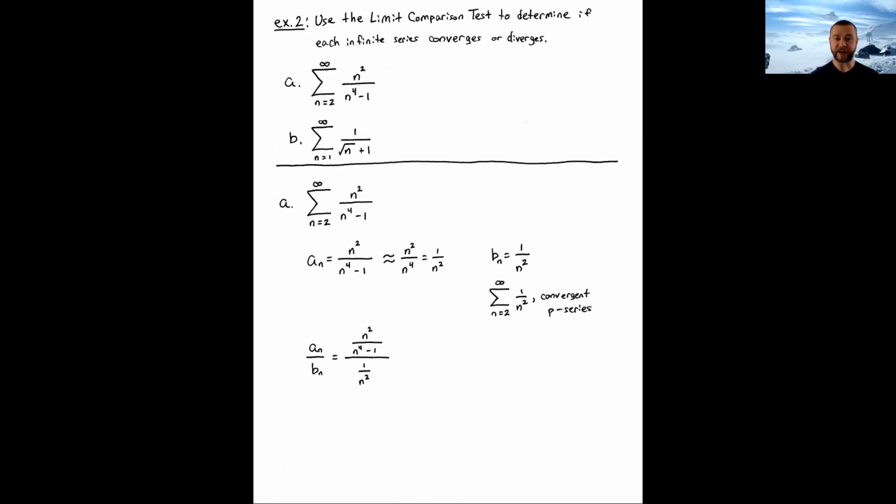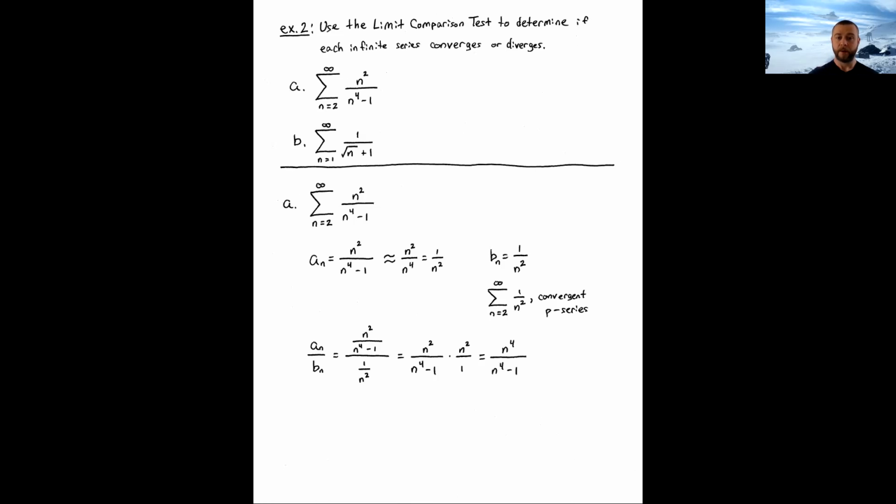All right, just recall some basic algebra. Here, a sub n and b sub n are both fractions. So when we perform this division here, a sub n divided by b sub n, we're dividing fractions. We can easily simplify that by multiplying by the reciprocal.